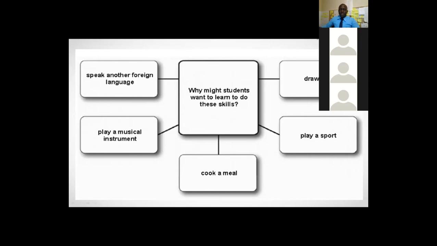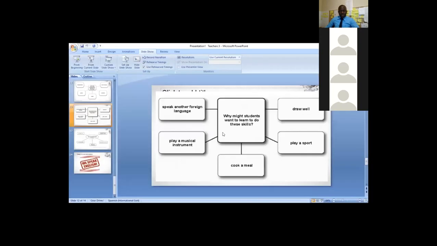I think the students want to learn to speak another foreign language because they like to travel abroad. Playing a sport depends on the personality of the student, for example, an active person.